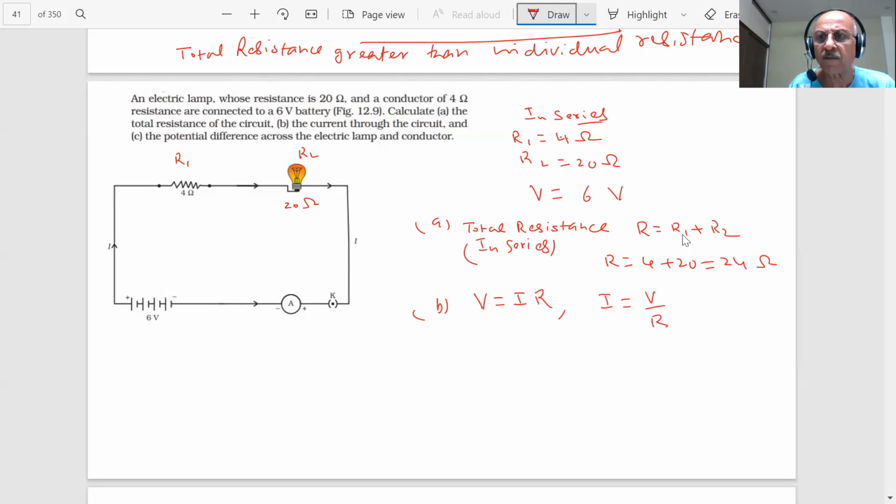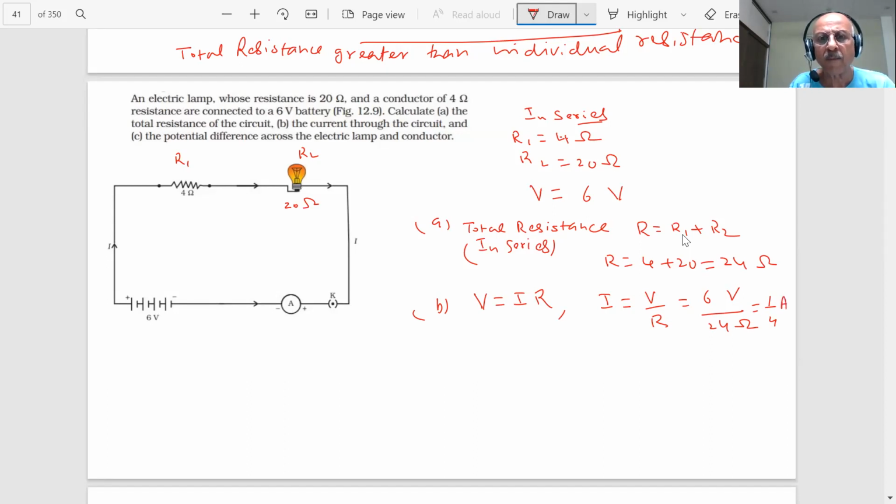I is V by R. What is the value of V? 6 volt. And what is the value of R? 24 ohm. What will you get? 1 by 4. What is the unit of the current? Ampere.